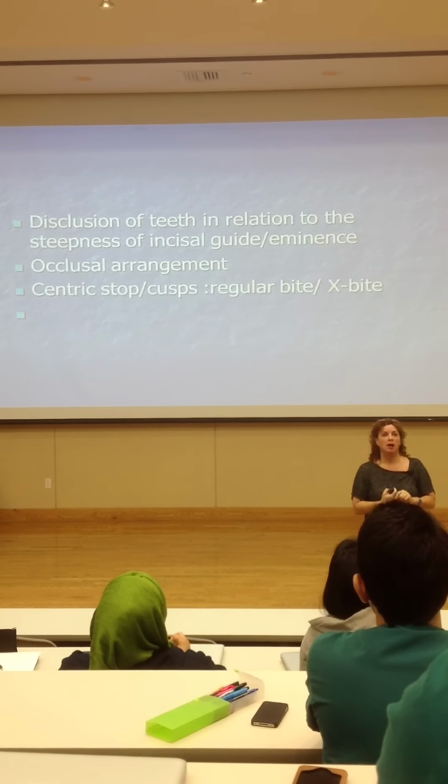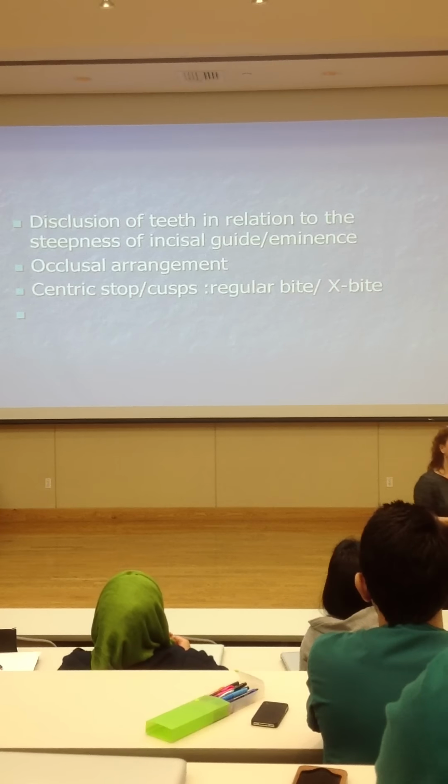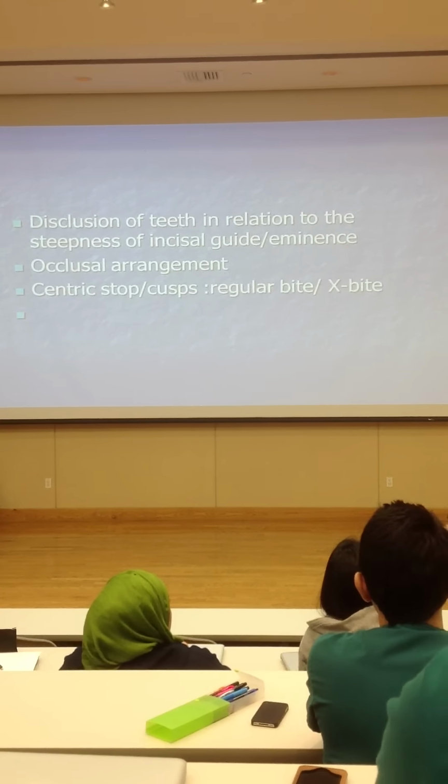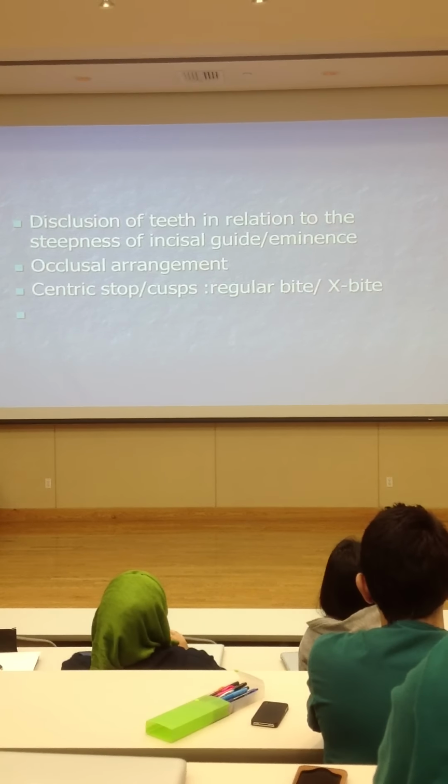Okay, good. Some people will also say group function versus canine guidance, but this is more about motions. But in terms of how they come together, these two, there are more. There's tripod, which we say we don't want to have, and all that.